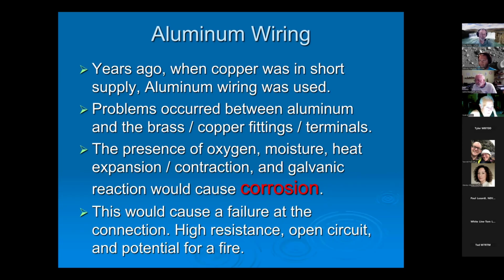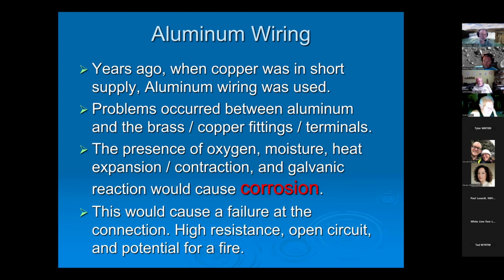Aluminum, depending on how much heat it's been exposed to, expands and contracts. So it has a big expansion coefficient compared to the copper, and sooner or later that connection is not going to remain secure, and you will start getting a reaction and some corrosion, and that will cause that joint to fail. So what did they do to fix this thing?